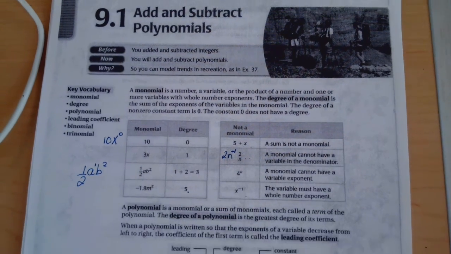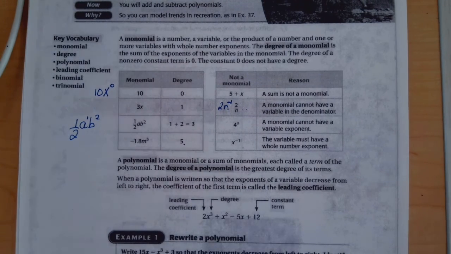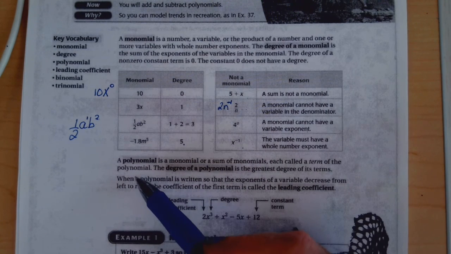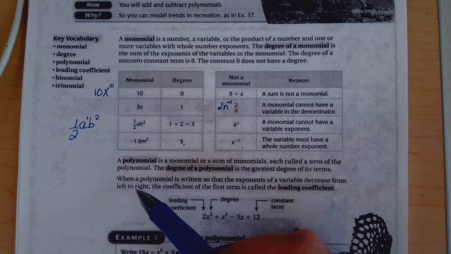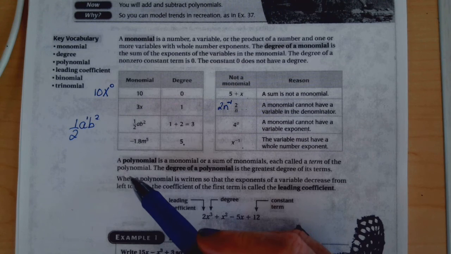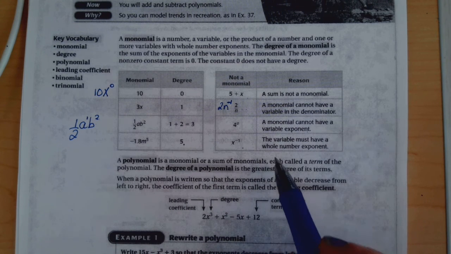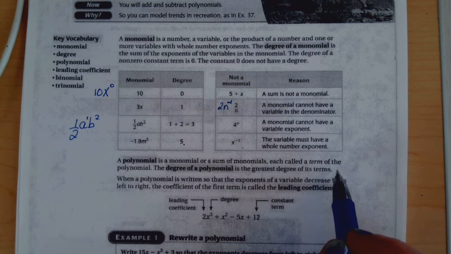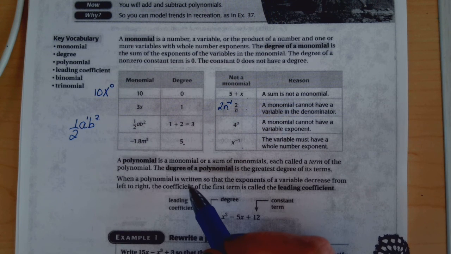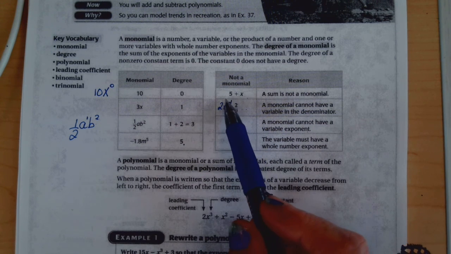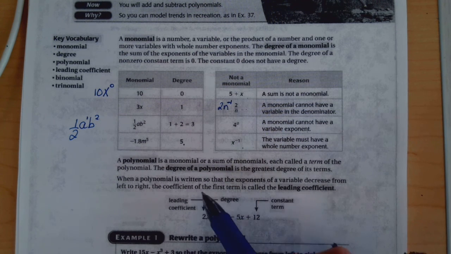Okay, so now we're going to get to a poly. Now you know a poly is many or more than one. It can be as simple as one or more than one. So a polynomial is a monomial or a sum of monomials, each called a term of the polynomial. So when I say a term like here, this is a term, 5 plus x, okay?